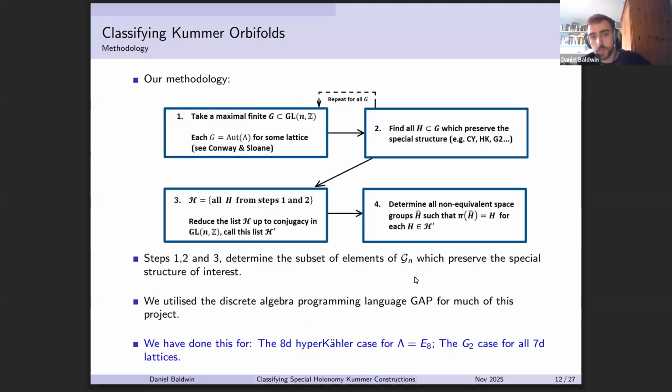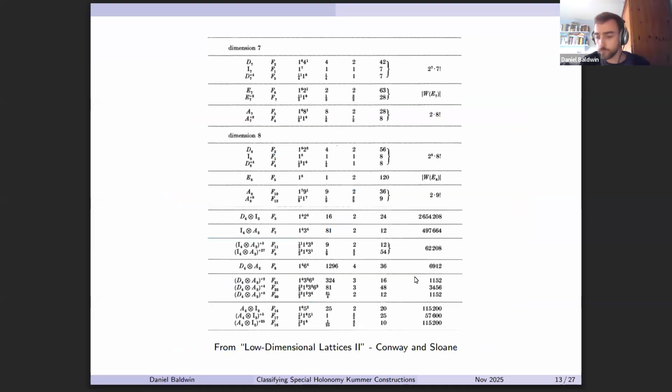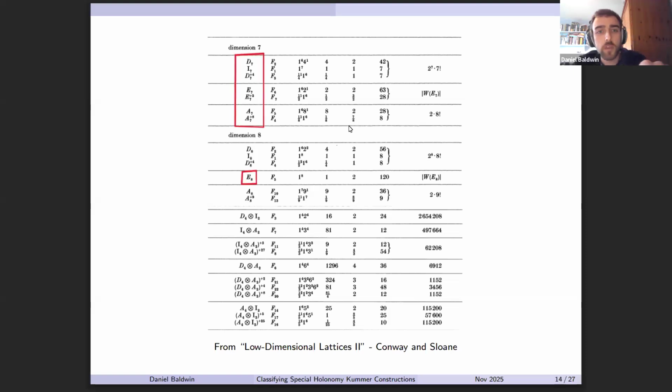So I mentioned that Conway and Sloane classified all the maximal finite subgroups of GLNZ as automorphism groups of some lattice. So this is just a snippet of one of the tables from their paper. Each row in the table here is a maximal finite subgroup of GLNZ which is irreducible, so it can't be block diagonalized.